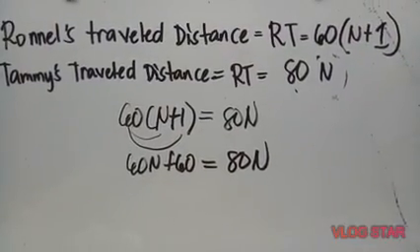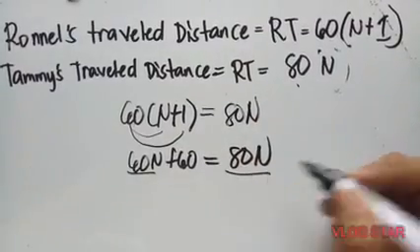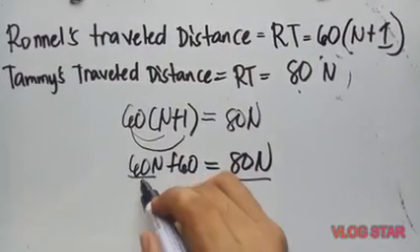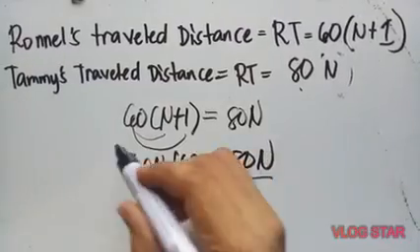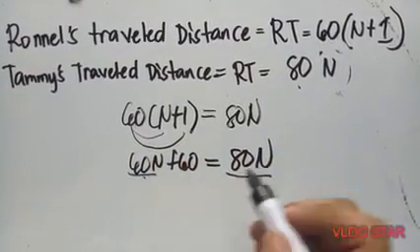Now let's combine like terms. So we have 60n here and 80n. For us to transpose 60n to the other side, we will subtract 60n from both sides.